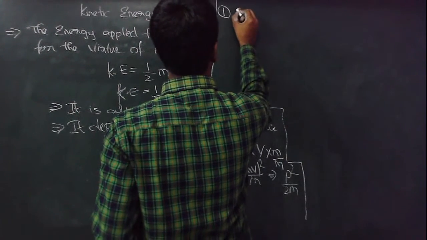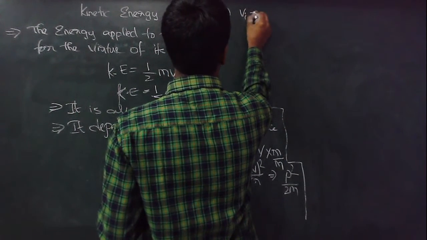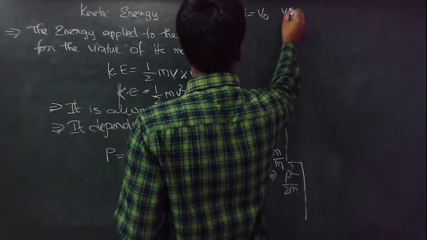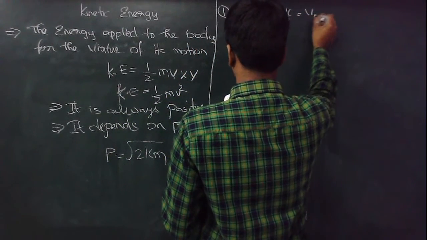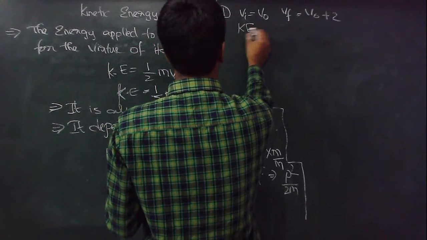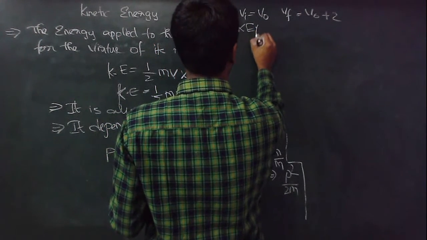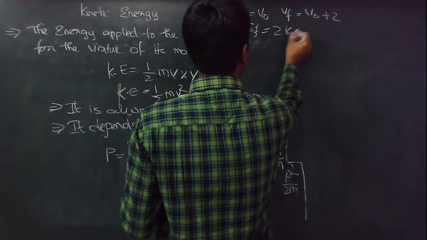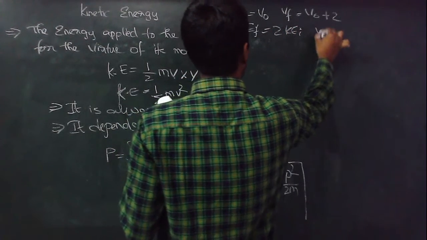V initial is equal to V naught and V final is equal to V naught plus 2. KE final is equal to 2 times KE initial. Now we want to find out V naught.